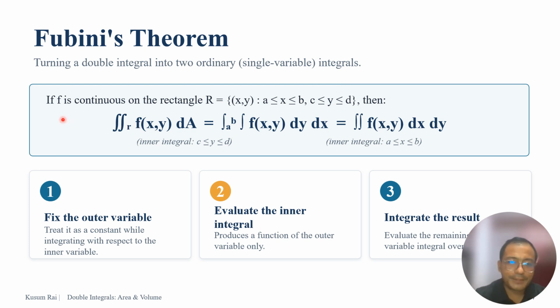We can express it mathematically: if f is continuous on the rectangle R, such that a is less than or equal to x, which is less than or equal to b, and c is less than or equal to y, which is less than or equal to d, then the double integral over R of f(x,y) dA is equal to the integral from a to b of the integral of f(x,y) dy dx.